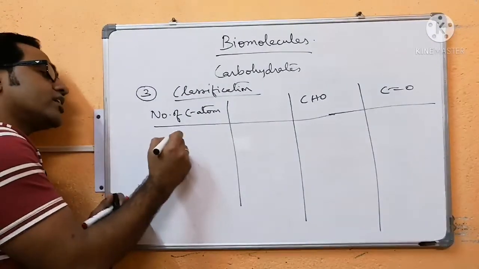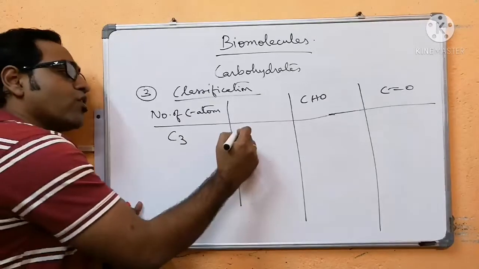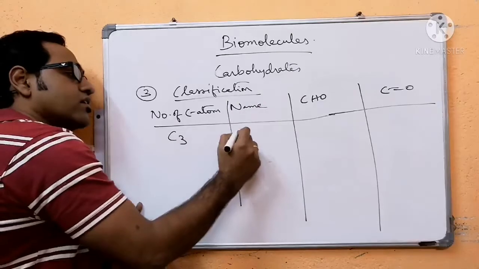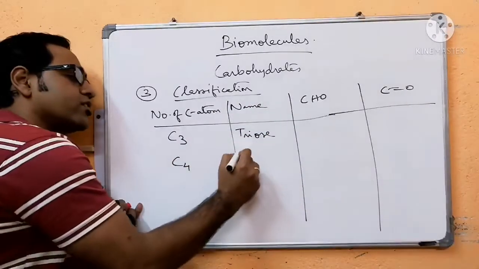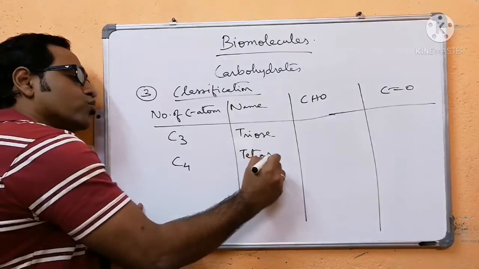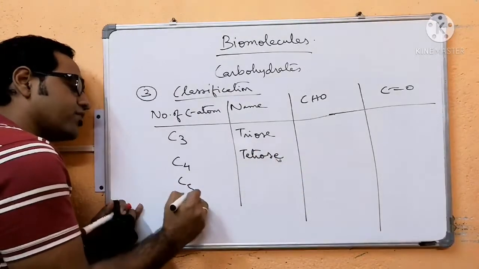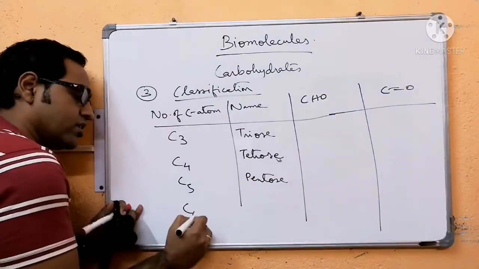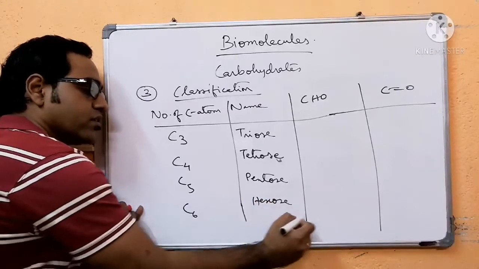If the number of carbon atoms is 3, that is C3, we call it triose. If there are 4 carbon atoms, tetrose. If there are 5 carbon atoms, pentose. 6 carbon atoms, hexose.